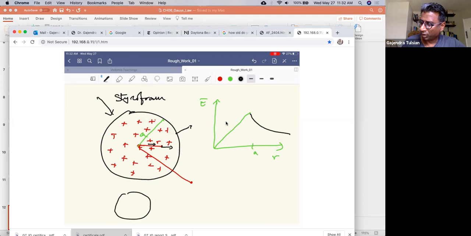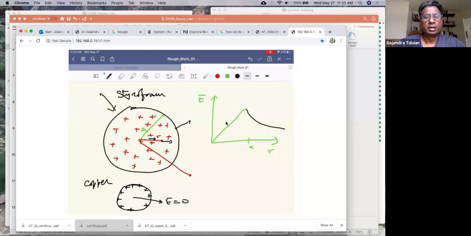For a copper ball, if you put any excess charge on, it will all reside on the surface. And what you'll see in a second is inside, the electric field is 0, anywhere inside. That's true for all conductors.